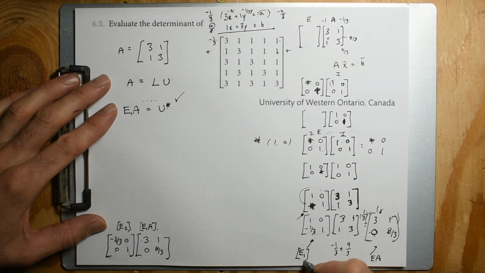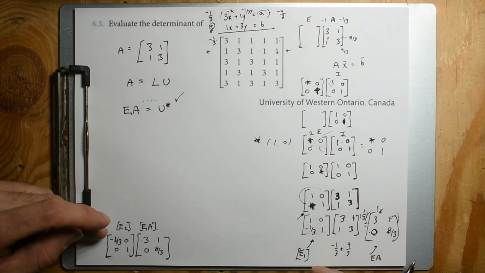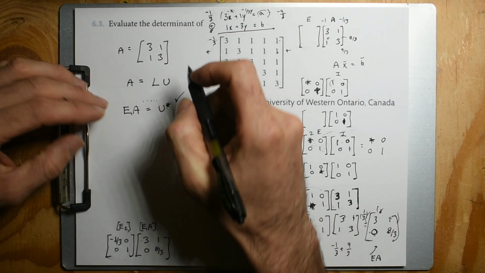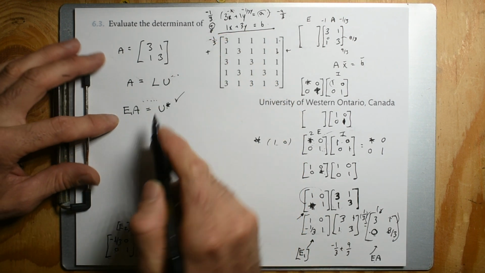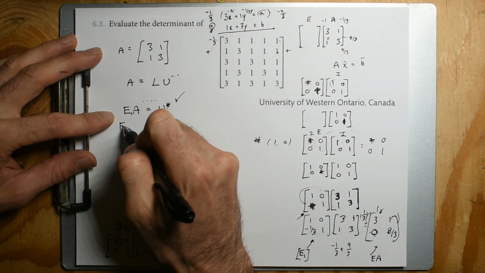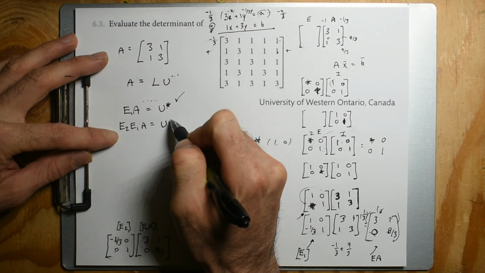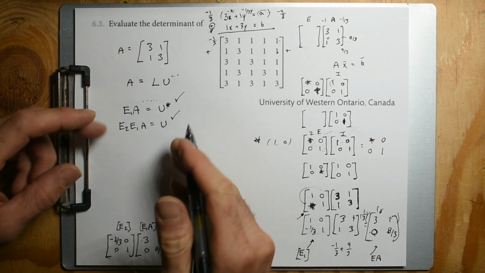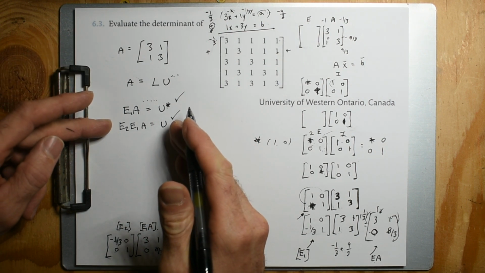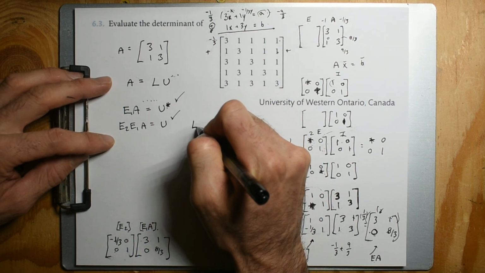And this is cool because we're building the upper by taking elementary row operations E2, E1, and then for sure we're going to get our upper. And then we're going to use this proof to say we could have been building our lower at the same time.